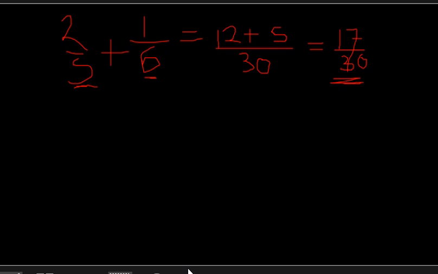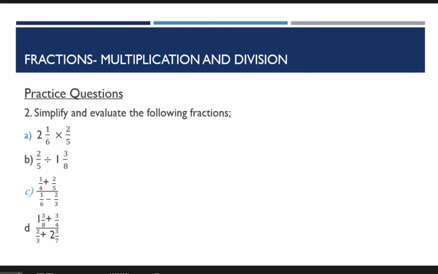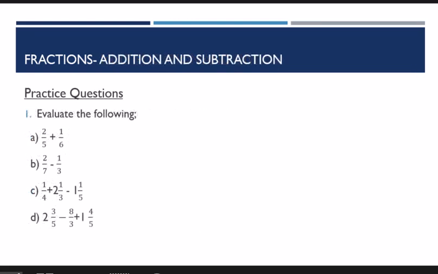Okay. Next question. 2 over 7 minus 1 over 3.